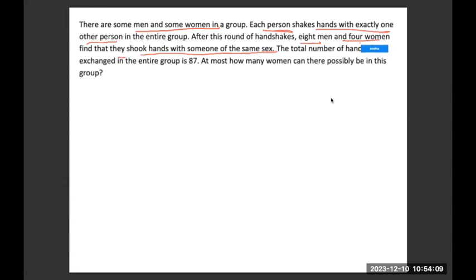The total number of handshakes exchanged in the entire group is 87. At most, how many women can possibly be there in the group?